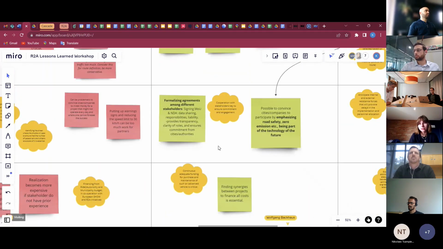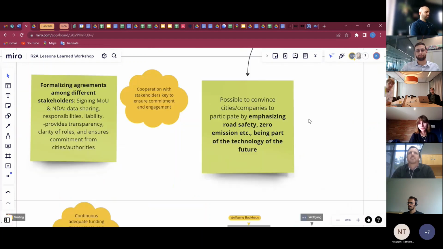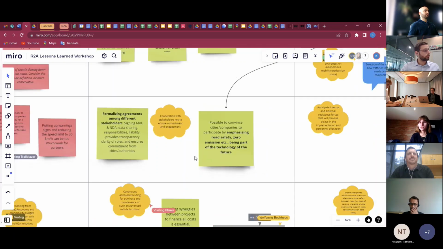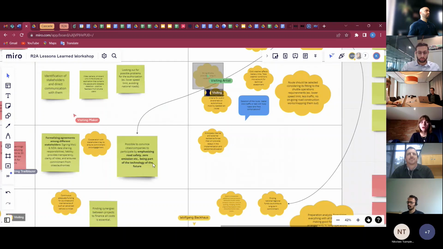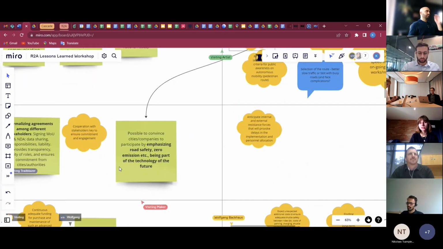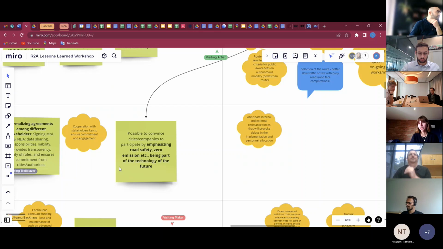What else? This is a bit chaotic because it was more like a brainstorm. Formalizing agreements. Also, the way that the local authorities can be convinced to implement this shuttle pilot is first by connecting it to their local goals and aims in terms of future mobility, what I just mentioned a couple of minutes ago, but also by emphasizing road safety, zero emissions, etc. And that should be shown in actual numbers or examples to emphasize the benefit for them specifically.